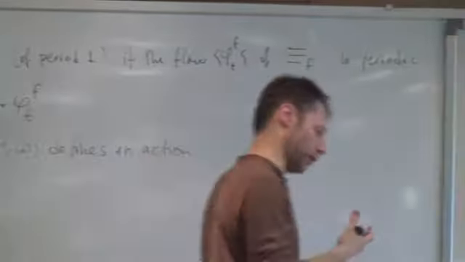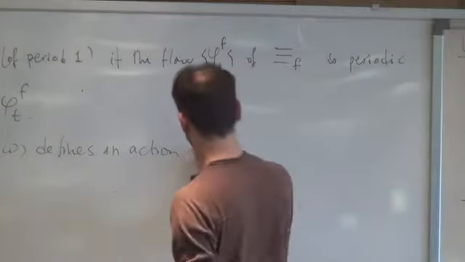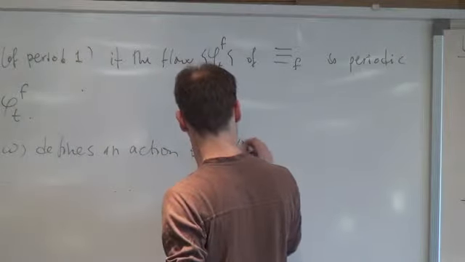Well, if I just have any function, then the flow of its vector field, I'm tacitly assuming that all of the flows are complete. They define the actions of the real line. If it's periodic, it defines an action of R mod Z.